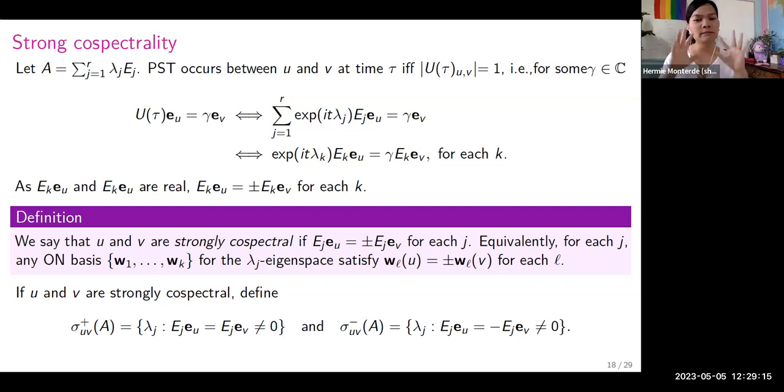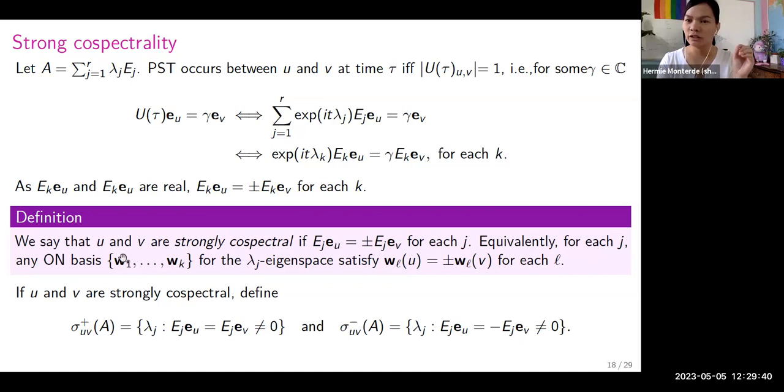Now, that's a bit hard to imagine if you're not very comfortable with matrices, so we give an equivalent definition. For strong cospectrality, take an orthonormal basis w_1 to w_k for each lambda_j eigenspace.